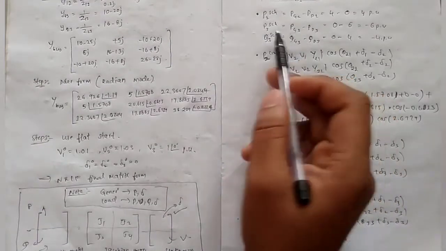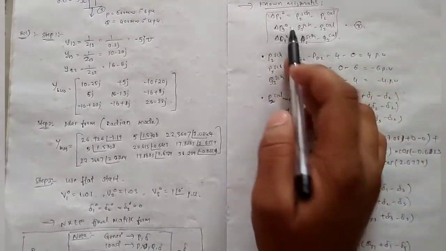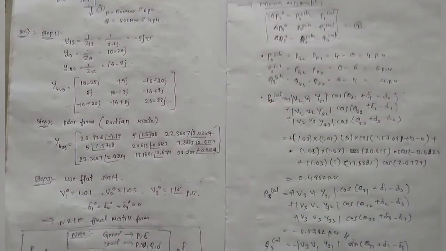Now we have calculated the scheduled and calculated values. Now equation 2, we need to find these known mismatches, right? Therefore equation 2 implies mismatch P2, P3, Q3.